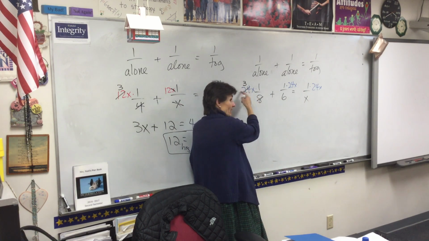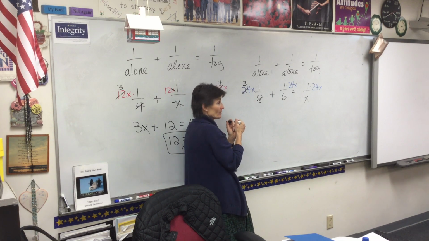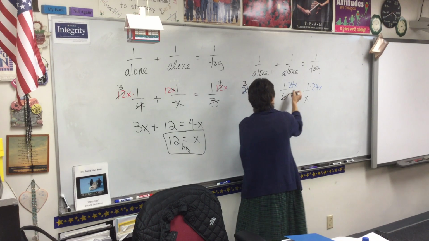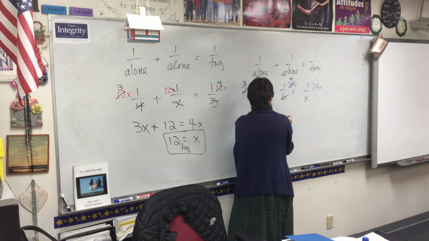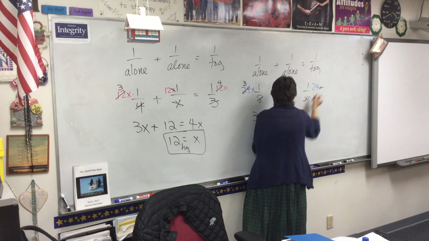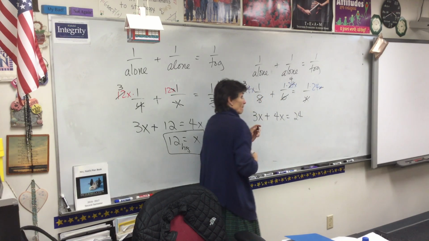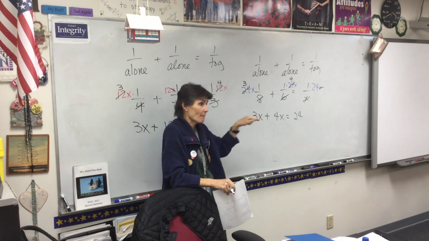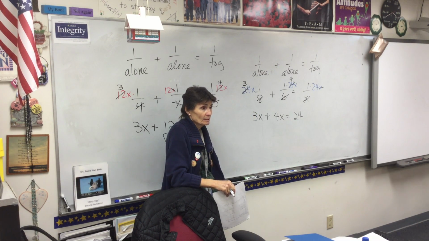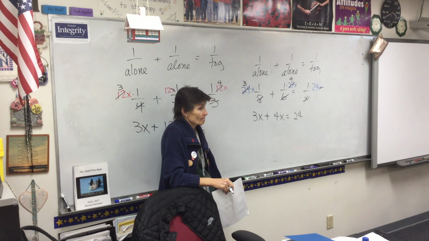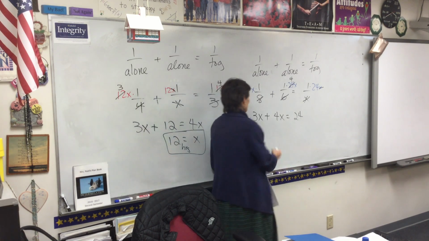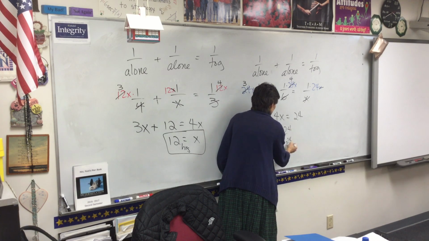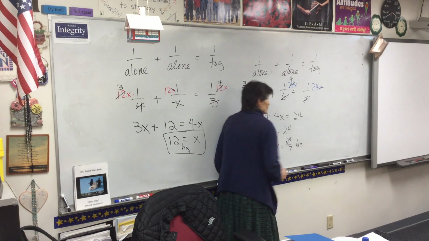See how that canceled that denominator? That's the point. So we have 3x plus 4x equals 24. You must cancel all the denominators. We did that back in section 2.7. So we have 7x equals 24, and x equals 24/7 hours.